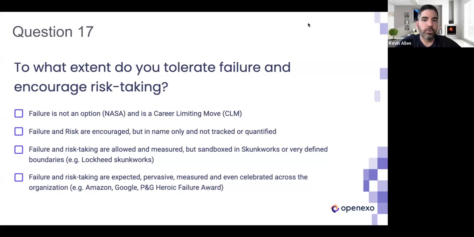So this one is also about experimentation, and also I think fairly clear in terms of the answers there, from failure is not an option, or could be a career limiting move, down to failure is actually celebrated. And so yeah, I do think that one's fairly clear.